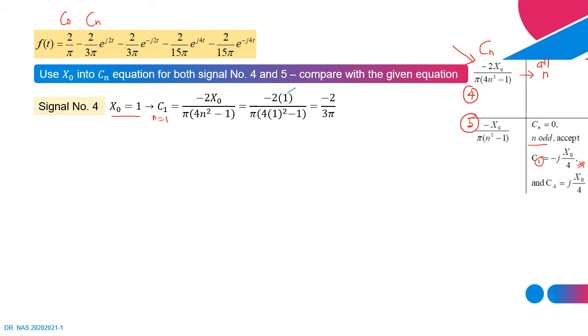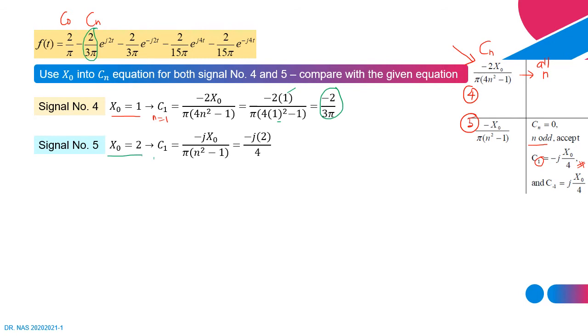With n equal to 1, you get negative 2 divided by 3 pi. If you compare this one to this one, it is more or less similar, but we need to check signal number 5. For signal number 5, x0 from the earlier calculation equals 2.